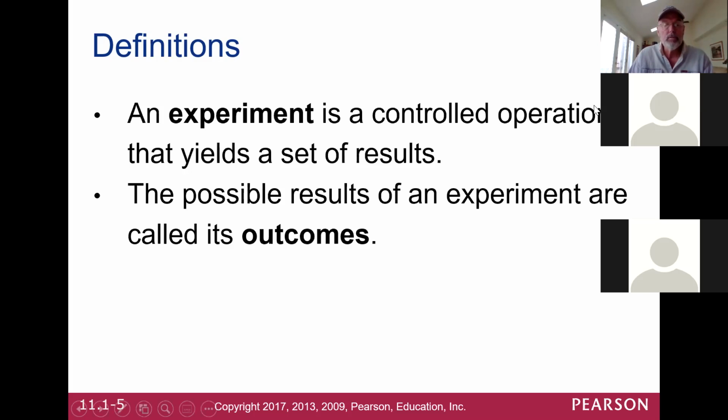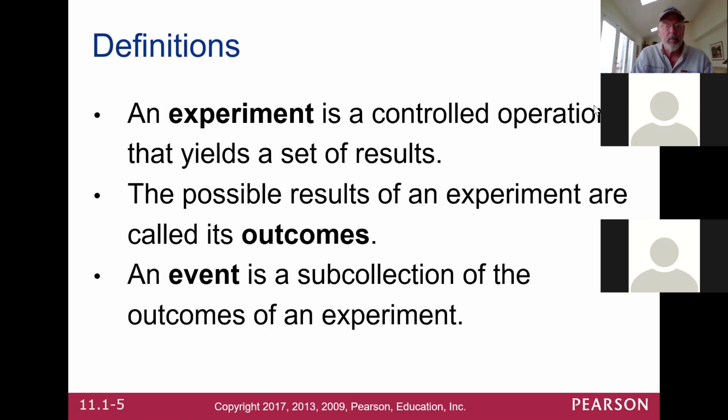So this is a use of probability in experiments, and the outcomes represent the results of the experiment. And within that scope of interest, we might have different events that go along with the possible outcomes in an experiment.